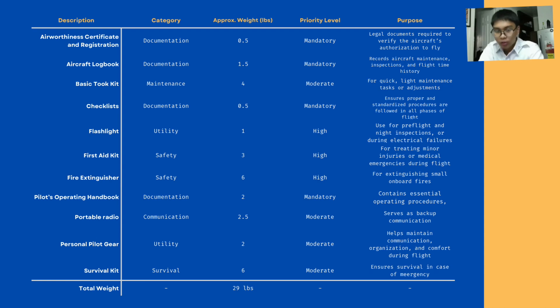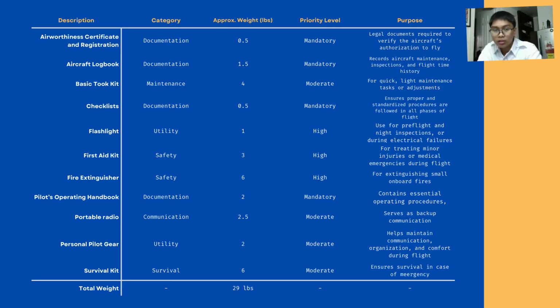So it's really important. It's like driving a car: driving without a license can lead to consequences. Aircraft logbook, always mandatory. It's also the records of aircraft maintenance, inspection, and flight time. So every flight that an aircraft takes must always have maintenance, so it needs to have its logbooks for records as basis.